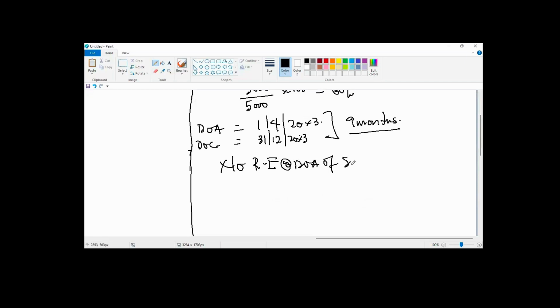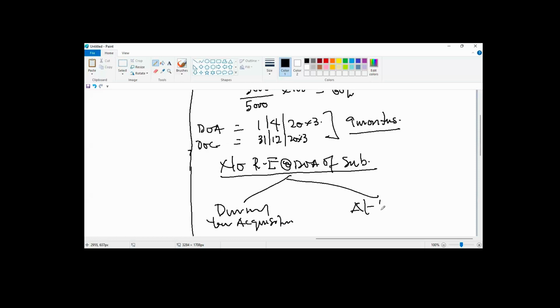Retained earnings at the date of acquisition of subsidiaries come in two ways. One, during-the-year acquisition: an acquisition that is less than 12 months. Two, at incorporation. On these two occasions, no retained earnings are given at the date of acquisition.